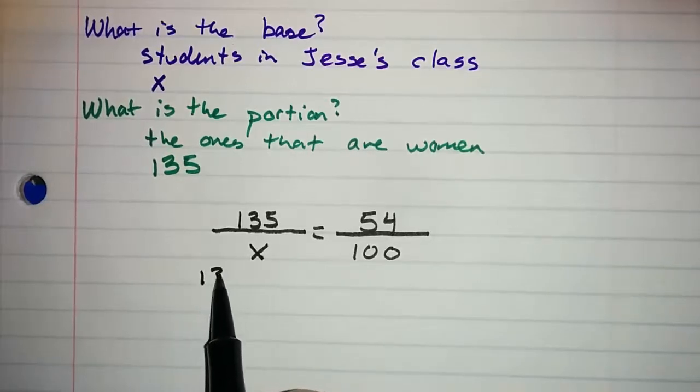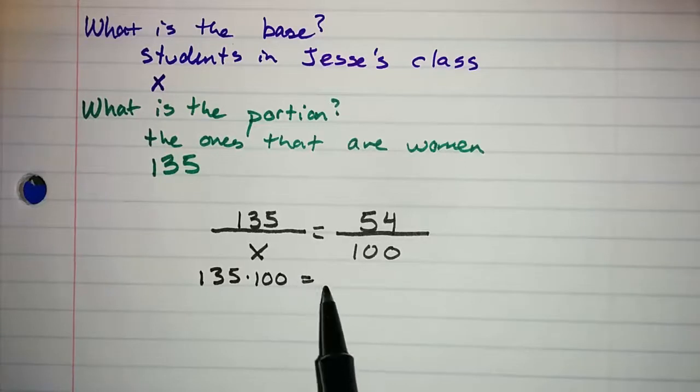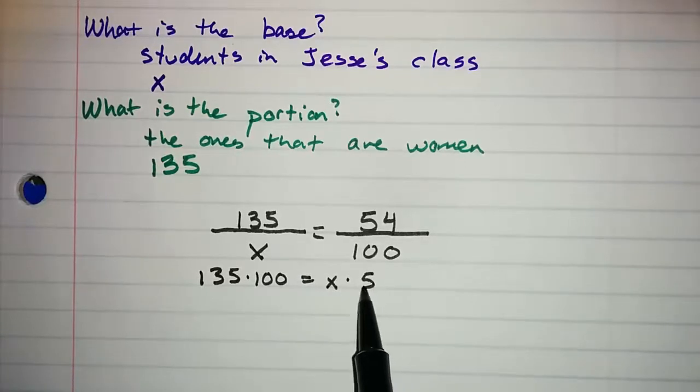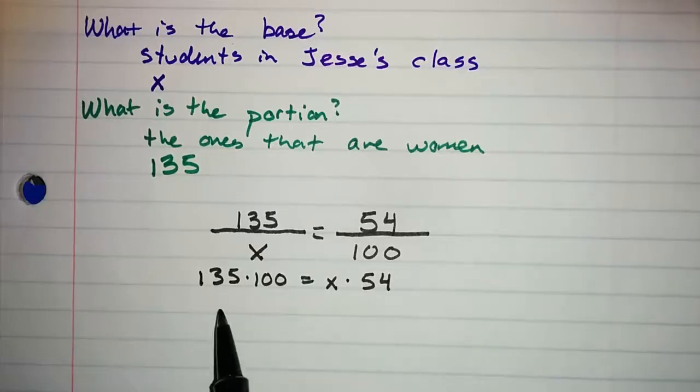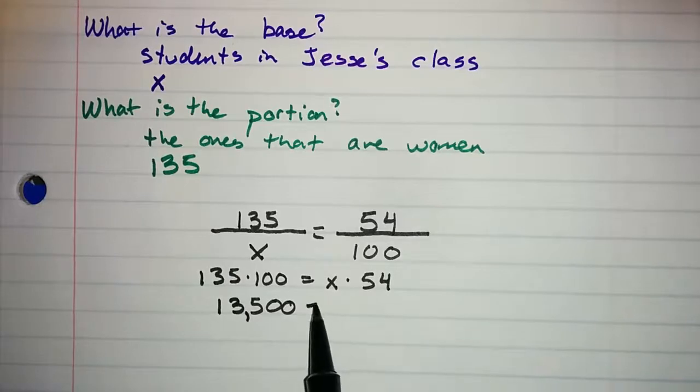We'll have 135 times 100 is x times 54. 135 times 100, that's easy. Write it down first, put in the comma, then say its name, 13,500.